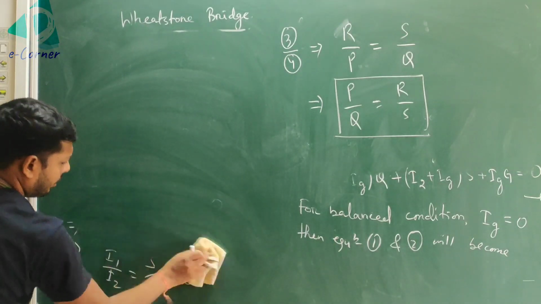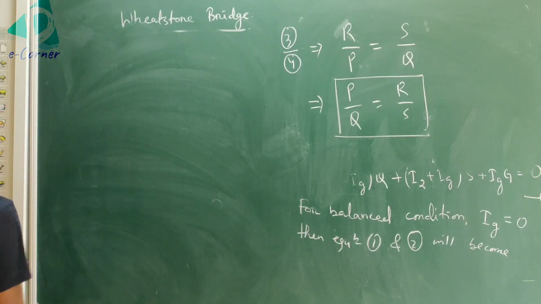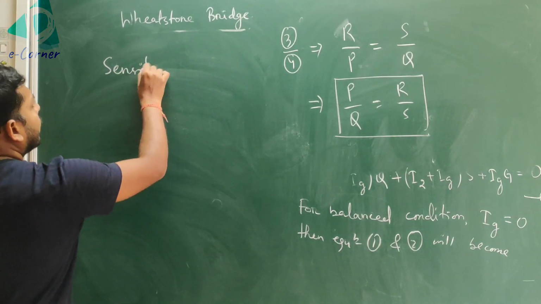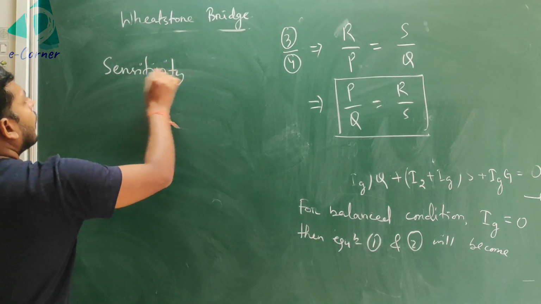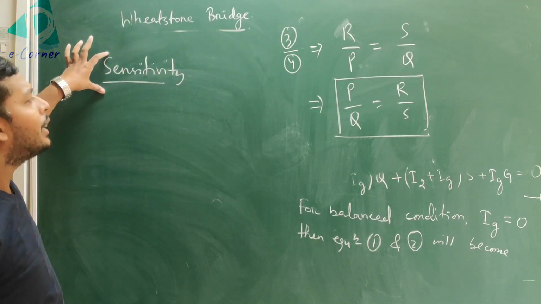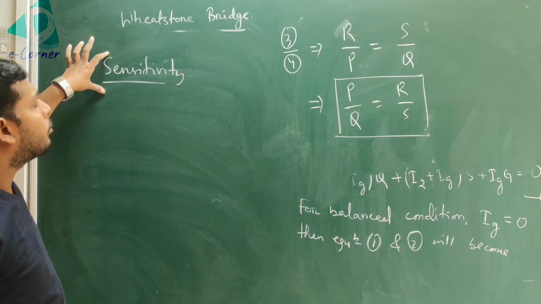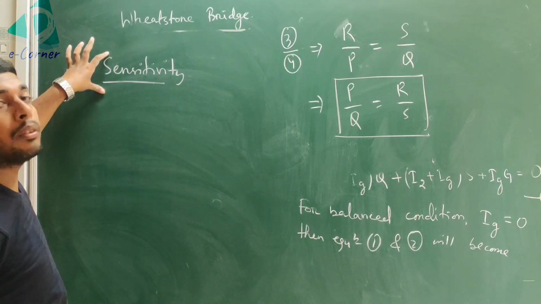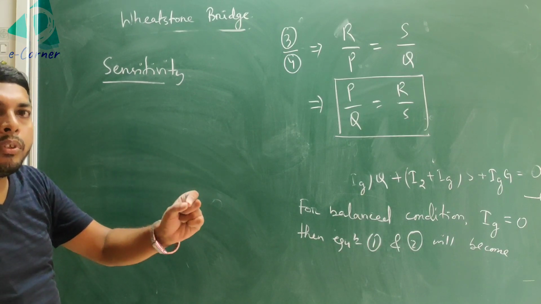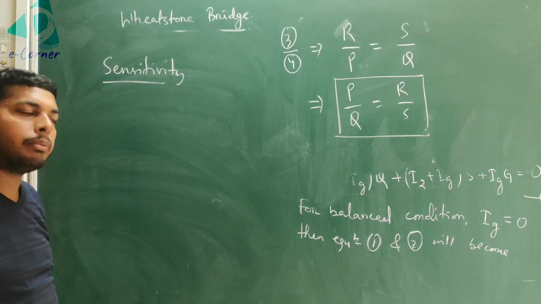Next one is the sensitivity of Wheatstone bridge. How are we going to make the sensitivity? What does sensitivity mean? Sensitivity is the phenomenon in which, when we apply a small input, the output will be maximum.